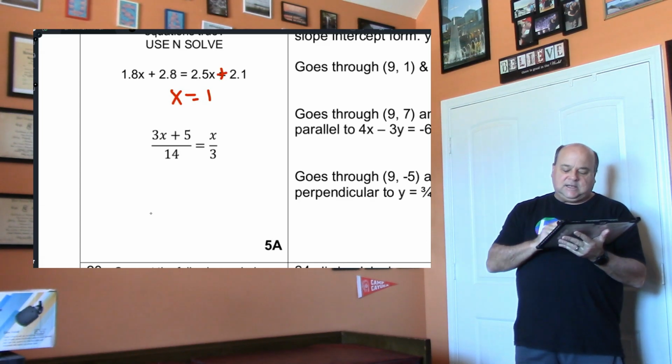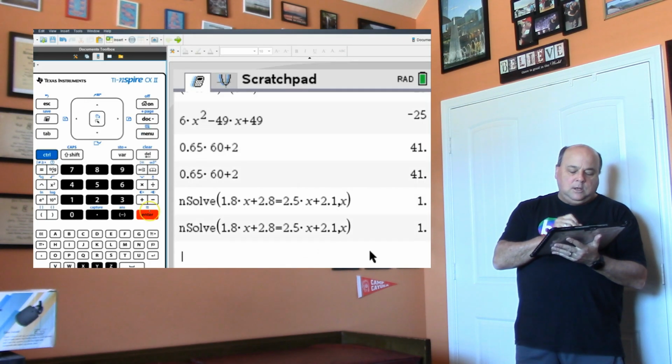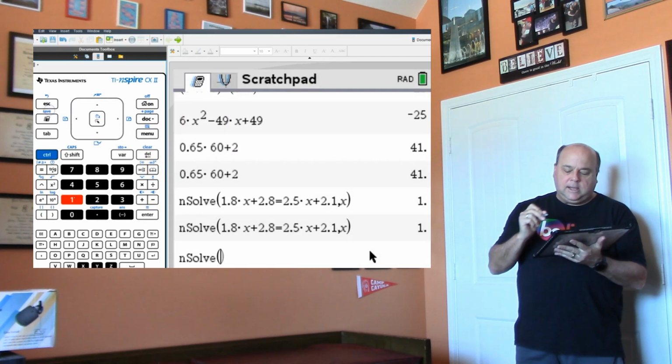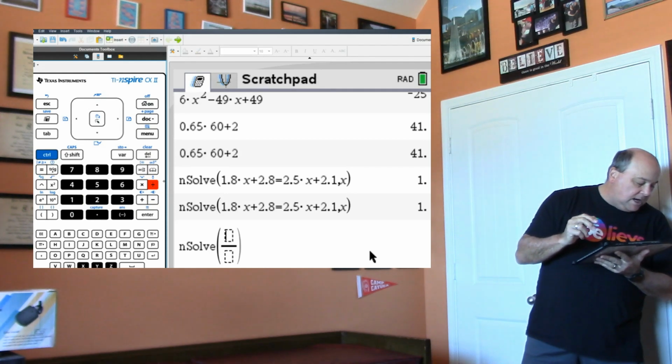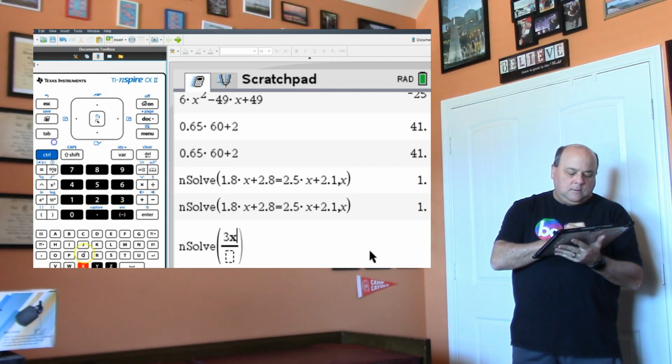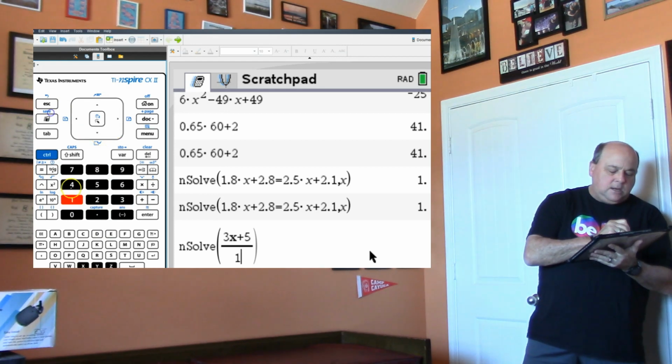Okay, now then let's type in the next problem. So I'm going to go to the calculator, menu 3, 1. I need to hit control divide to get a fraction. And then I'm going to type in 3x plus 5. Hit the down button. Type in the 14.